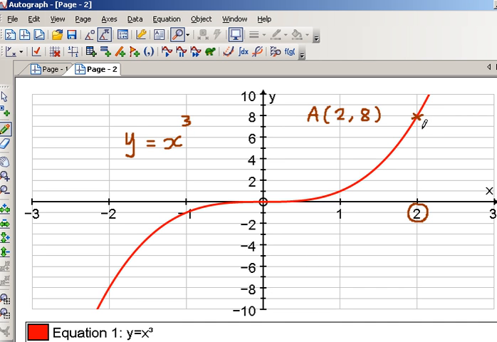And the gradient of the curve at this particular point is equal to 12. That's what we've worked out from using differentiation. As soon as you move away from point A, so if I come down this way here, or go this way here, the gradient will change. It's 12 right there.